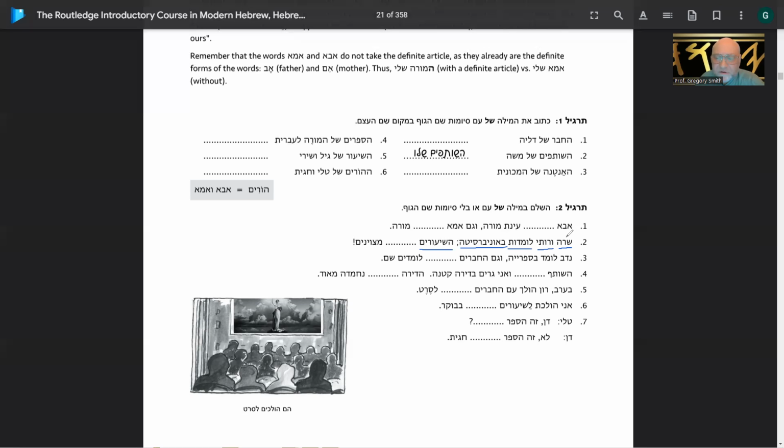Because we're talking about Sarah and Ruthie, I bet you it's their classes, the classes belonging to them. Metsuyanim, I think that means excellent. Okay, so that's excellent. And why is it plural? Because we're talking about Sarah and Ruti, their classes.